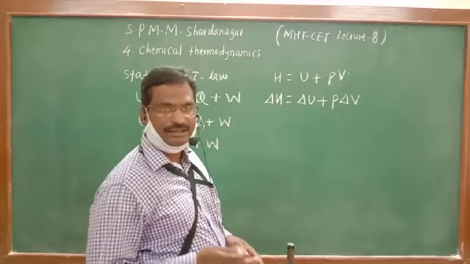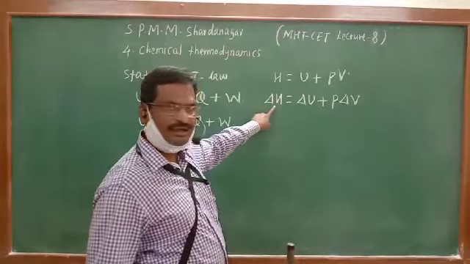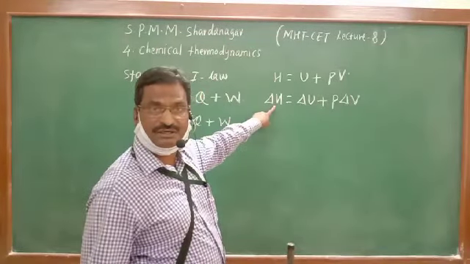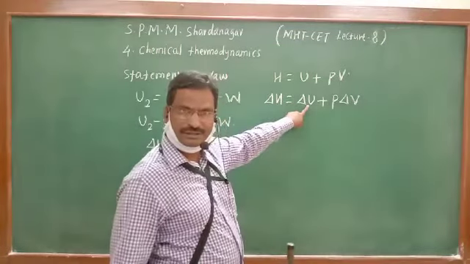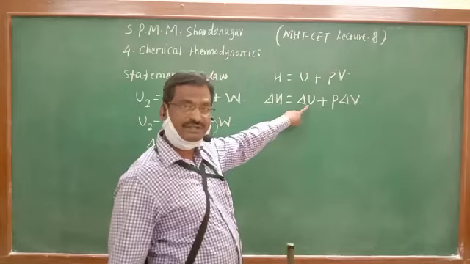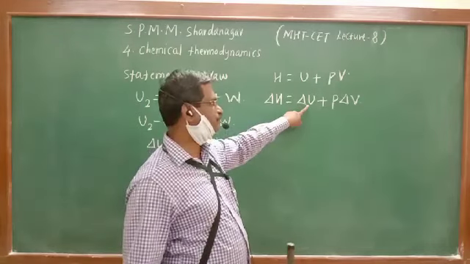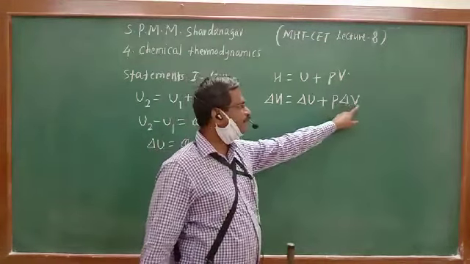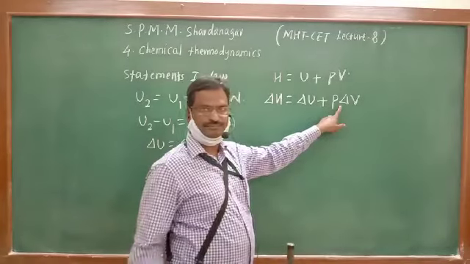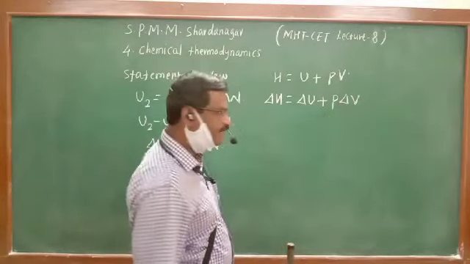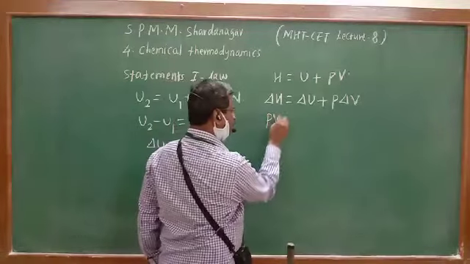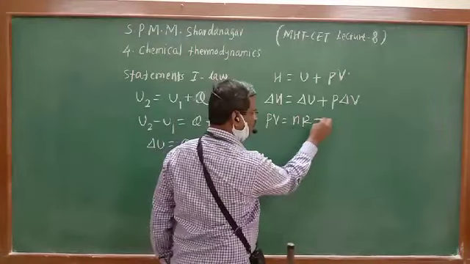Then the relation: delta H is known as heat of reaction at constant pressure, and delta U is known as heat of reaction at constant volume, and P delta V is there. We know the ideal gas equation, PV is equal to nRT.